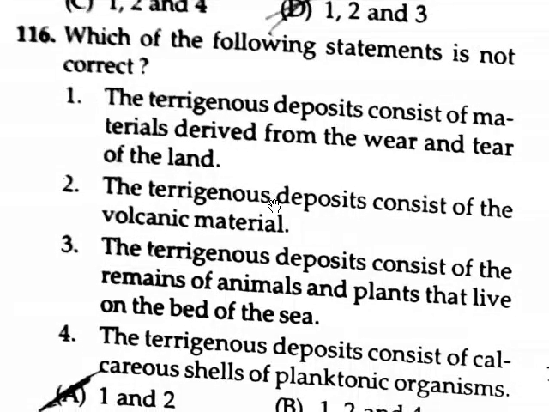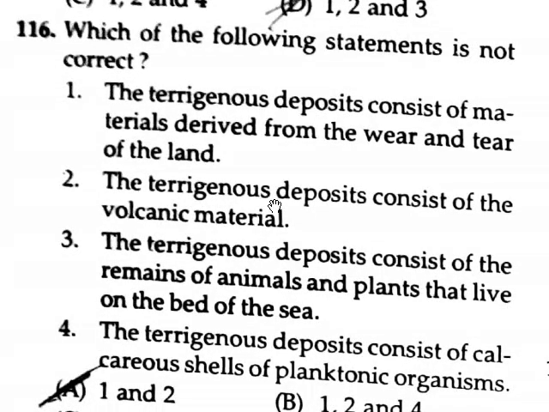Which of the following statements is not correct? Terrigenous deposits consist of materials derived from the wear and tear of the lands. Terrigenous deposits consist of magnetic material, it's not correct. Terrigenous deposits consist of volcanic material, it's not correct. So 1 and 2 are wrong.